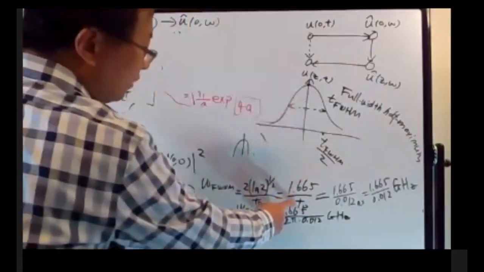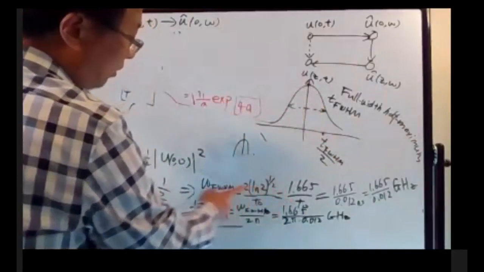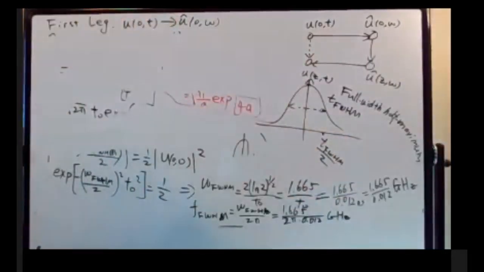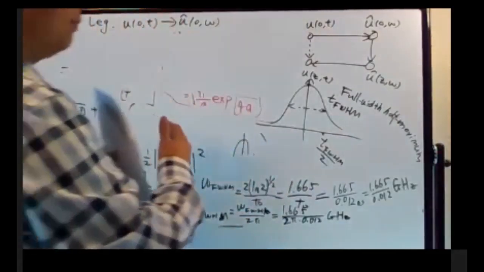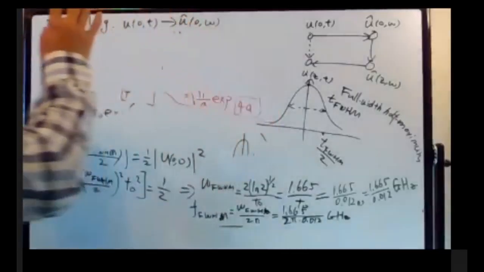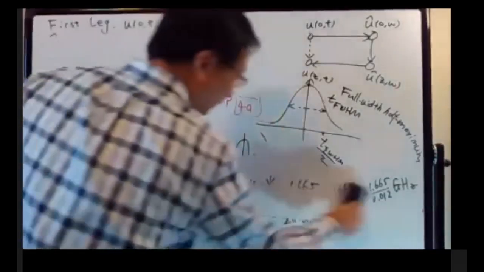But if I have a relatively narrow pulse, T naught is small, then in the frequency domain it is a wide spectrum, right? That's what we learned from the signals and systems class. In the Fourier transform, if the pulse is wide, then the frequency is narrow, and if the pulse is narrow, the frequency is wide.